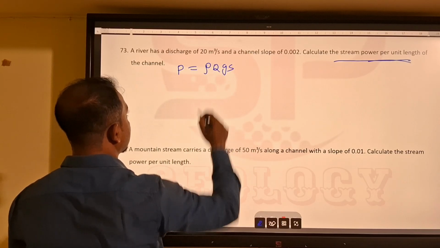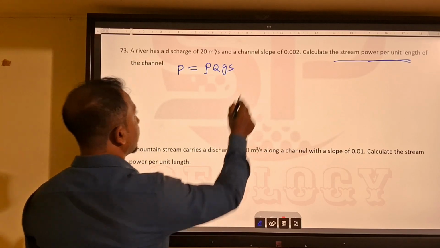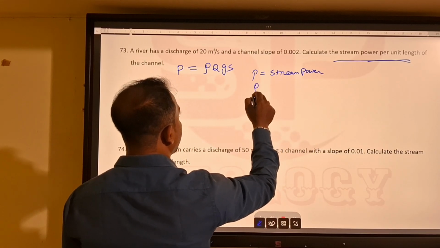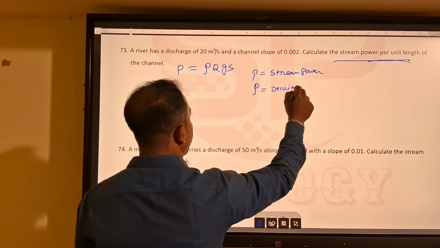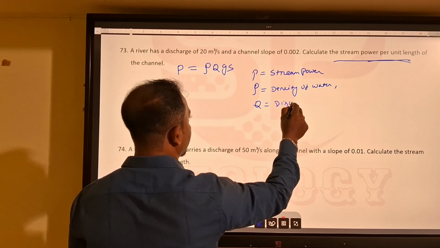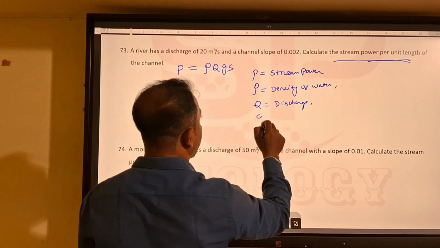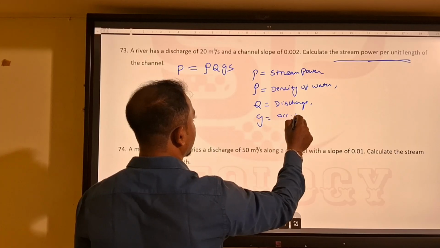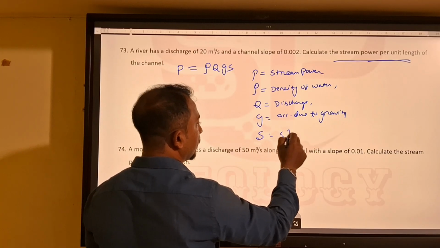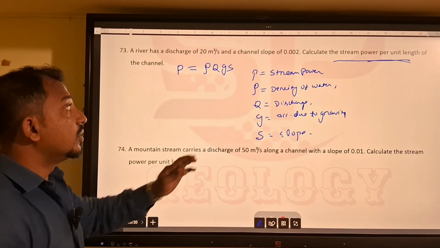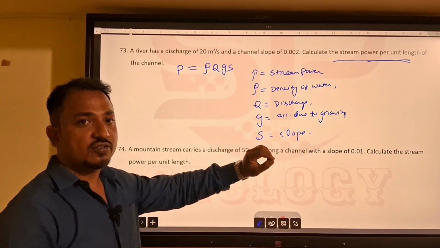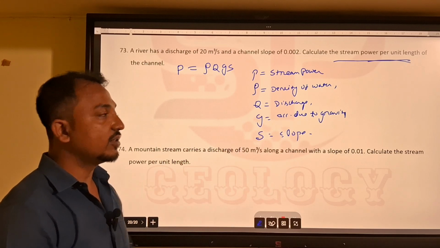Stream power equals rho Q G S. Rho is the density of water or fluid, Q is discharge, that is meter cube per second, G is the acceleration due to gravity, which is 9.8 meter per second square, and S is the slope.